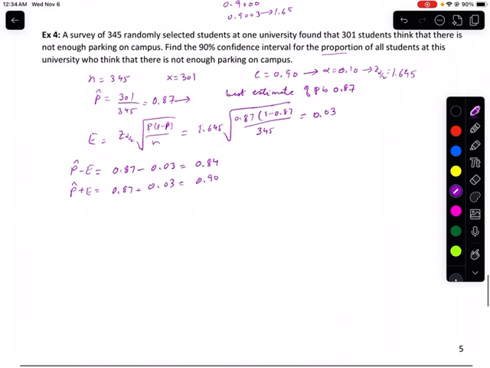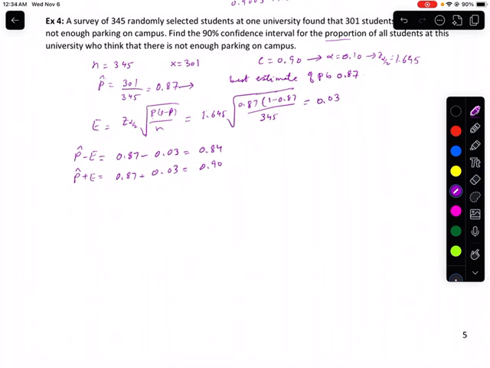So now we say that the confidence interval is, as before, you can write in interval notation, or you can write it as in P. This is a proportion problem.